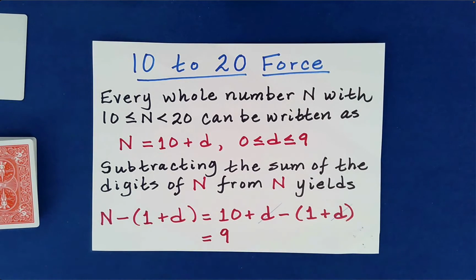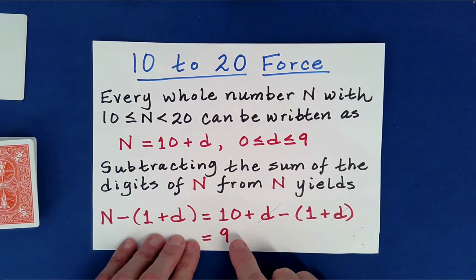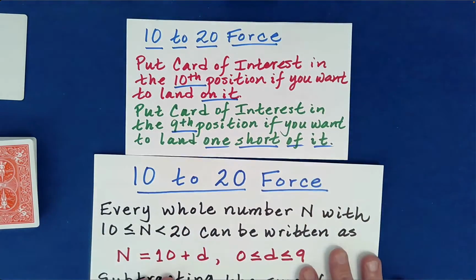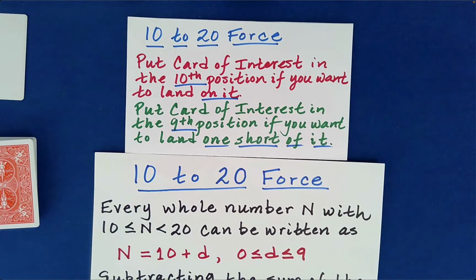Okay, so that would tell us where the card would need to be so that when we finish this process of dealing out a number between 10 and 20 and then moving backwards by the sum of the digits of that number, the position 9 will enable us, as we have just seen here, to determine the position of where that card needs to be so that at the end of this process, our card of interest is one beyond where we have counted.